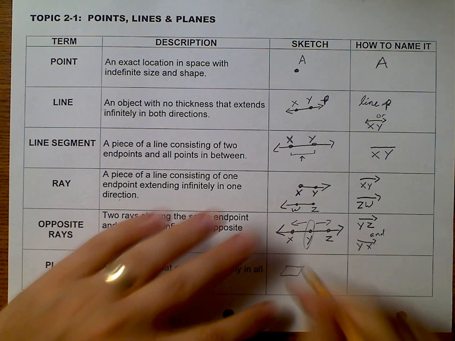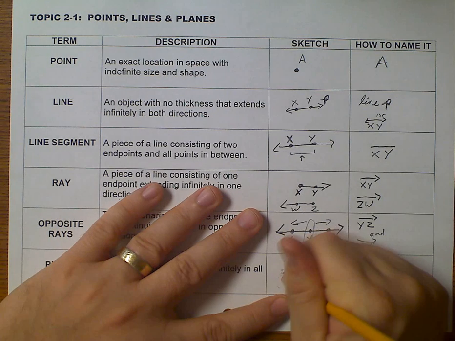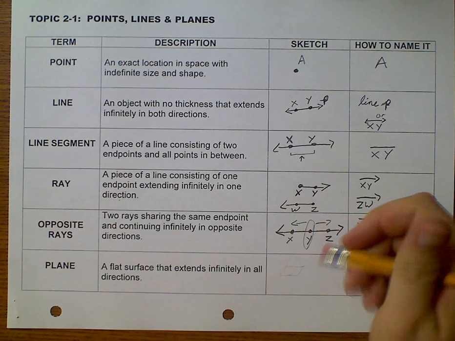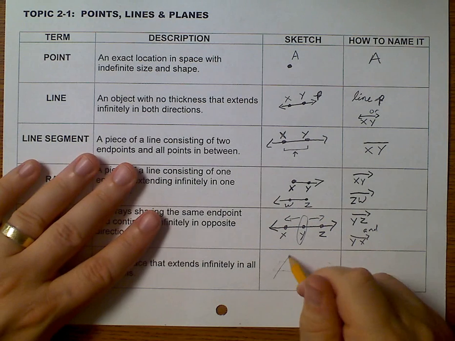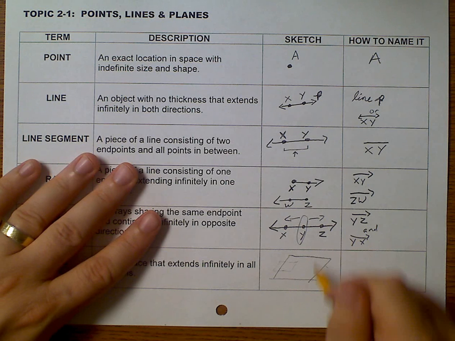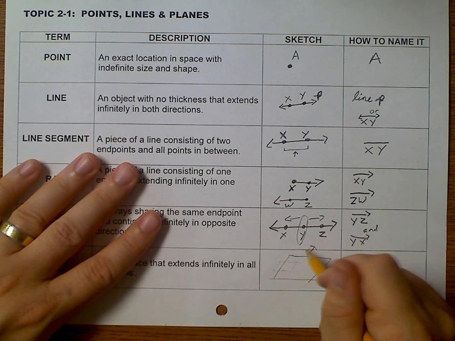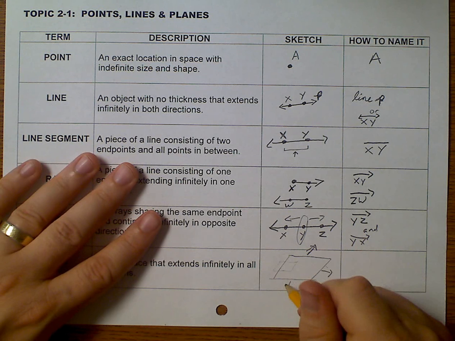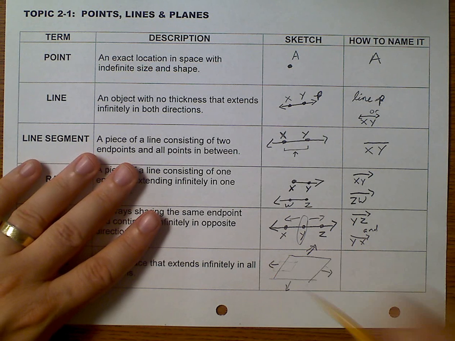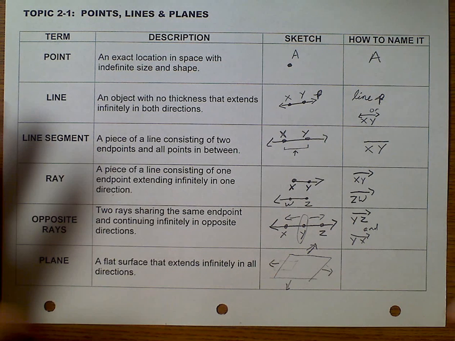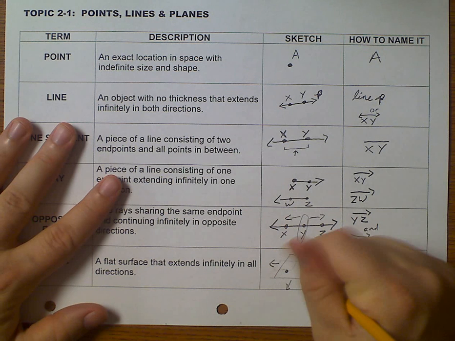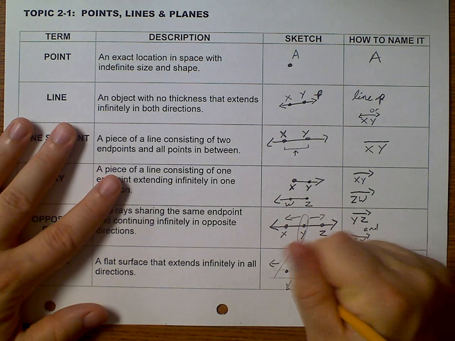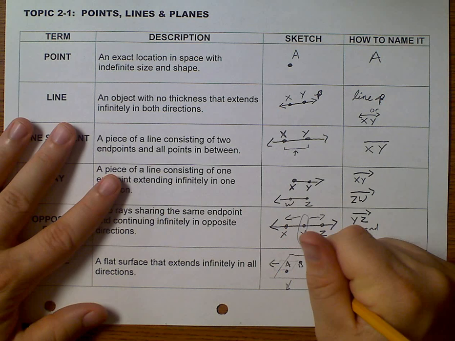Actually, I'm going to draw a big quadrilateral here, with arrows showing that it goes off in all directions. I'm going to go ahead and put some points on here. I'm going to call them A, B, and C.